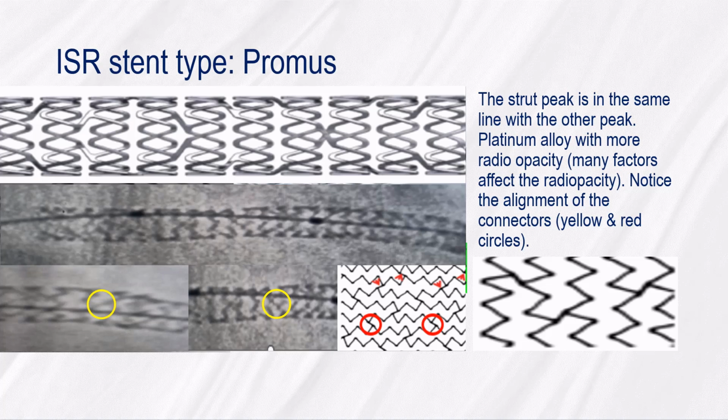Promus type of stents has the same strut alignment as Xience, yet due to platinum alloy it has more radio-opacity. Notice the different alignment of the connectors, yellow and red circles, and relatively less strut area.